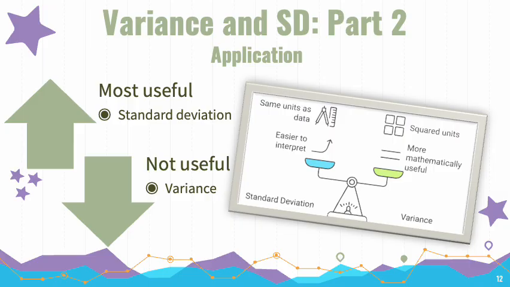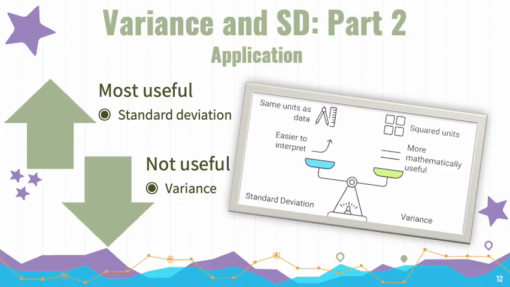So, with variance and standard deviation, you are most likely going to see the standard deviation in the literature because the standard deviation is in the same units that your data set is in. If you recall, the variance was a squared value.